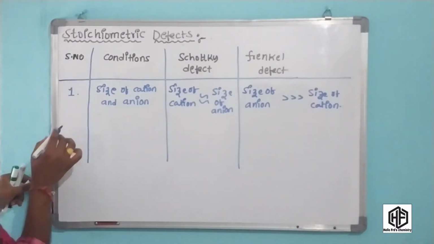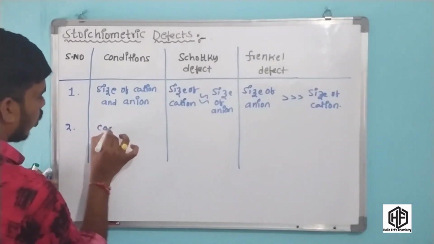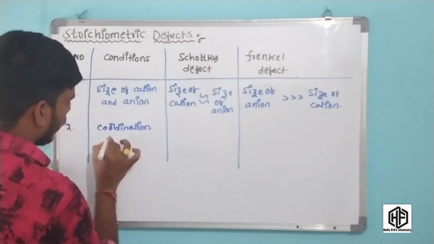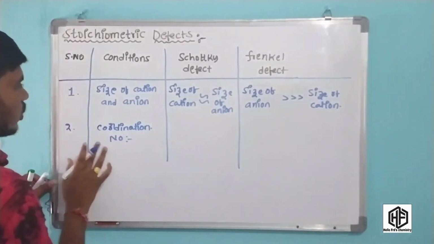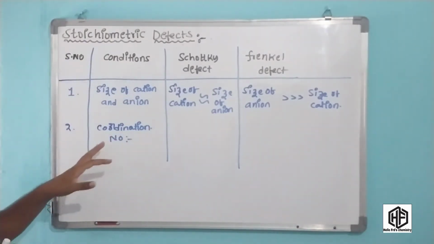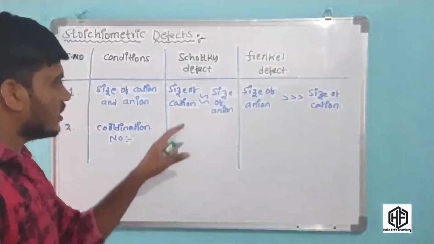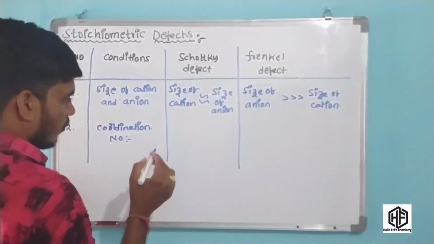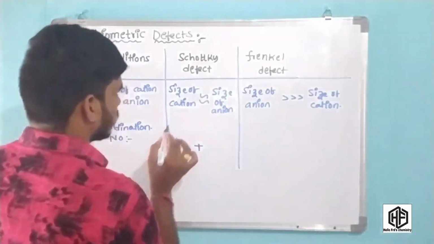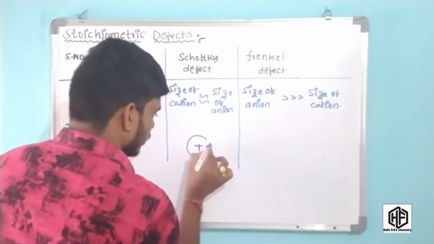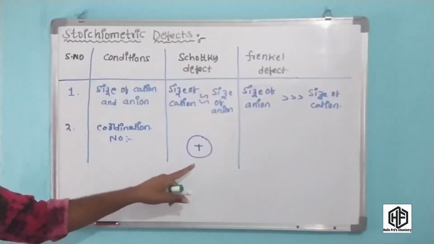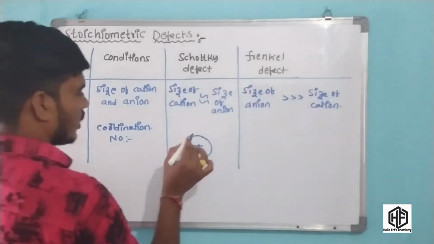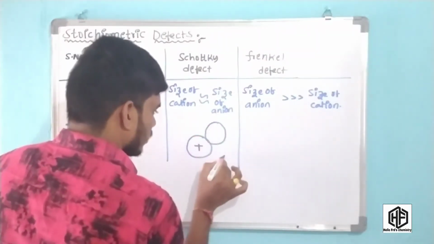And next one more condition is coordination number. Friends, these points are very important in competitive exams. Now we have to consider that the size of cation and size of anion are similar. What happens, friends? In this crystal structure, cation size is very large, similar to the size of the anion. It means the anion touches the atom.